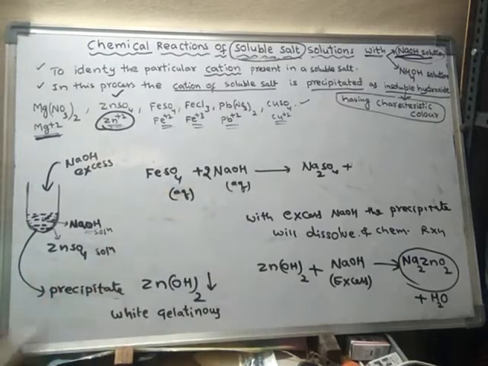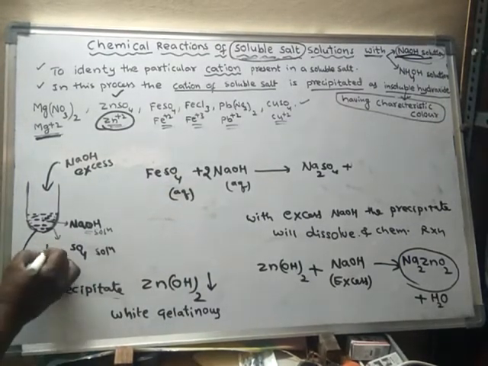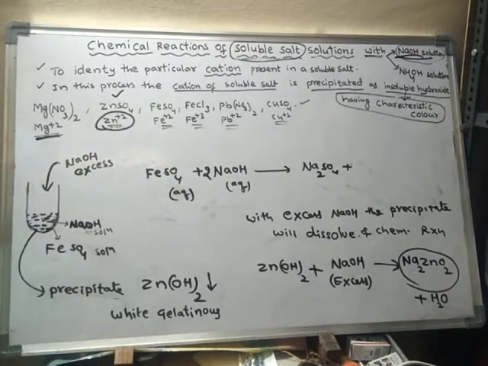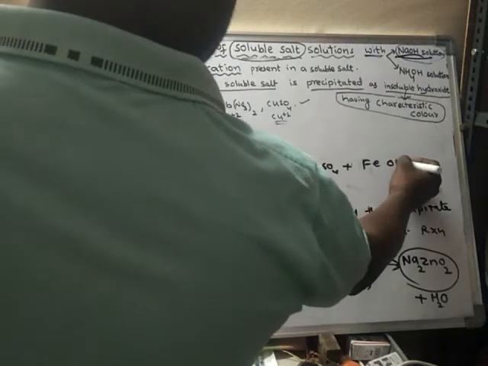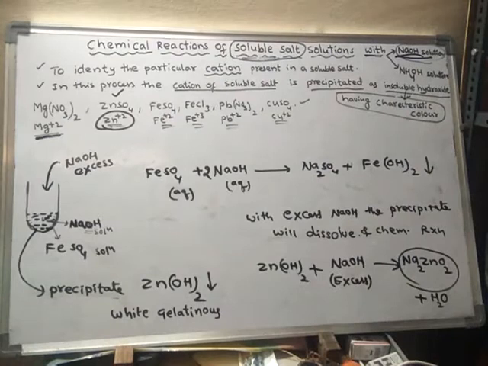Aq means solution. Now when this NaOH and FeSO4 solution are mixed, immediately, due to the reaction between these two, it forms ferrous hydroxide, an insoluble ferrous hydroxide. It is a precipitate.